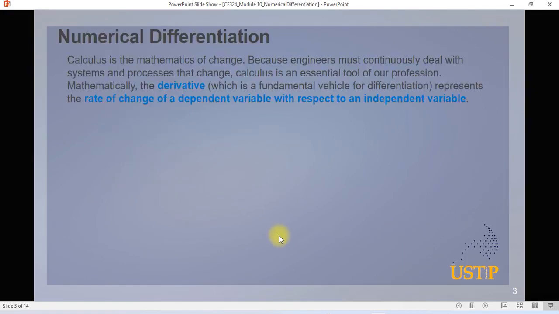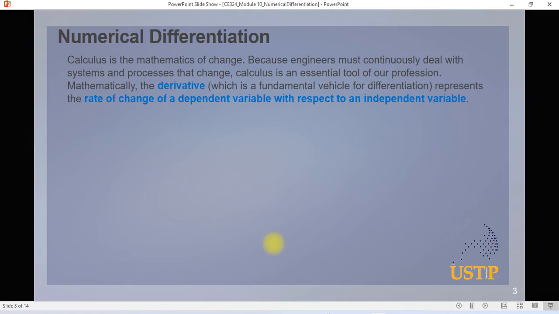Although we still have announcements for our class, they are different from what is written in the PowerPoint. So let's have an introduction to numerical differentiation.